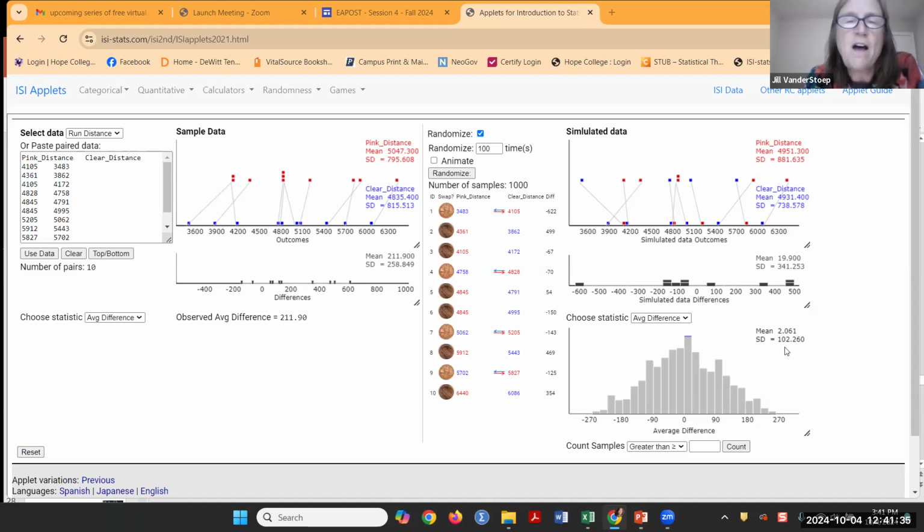So we need to find a p-value, which is going to measure our strength of evidence against the null. So we saw that 211 was indeed different from 0. We want to know if 211 is something that could happen just from that random assignment by random chance. And let's look at that null distribution. Did 211 ever happen in that null distribution? Go to your chat.